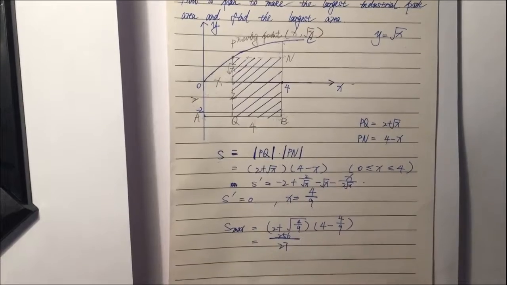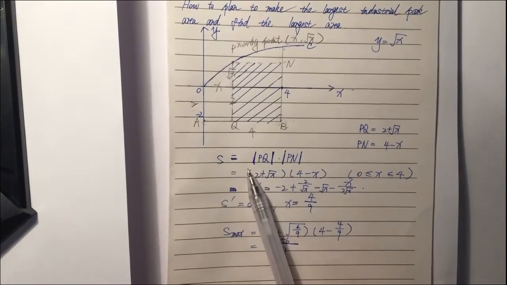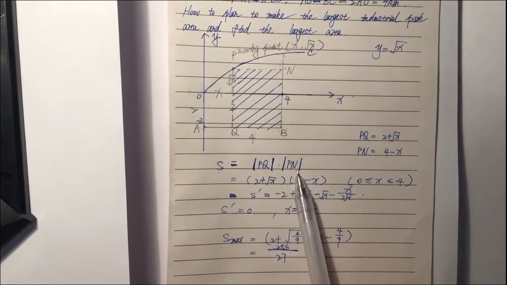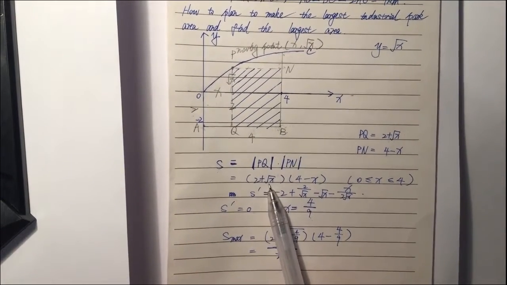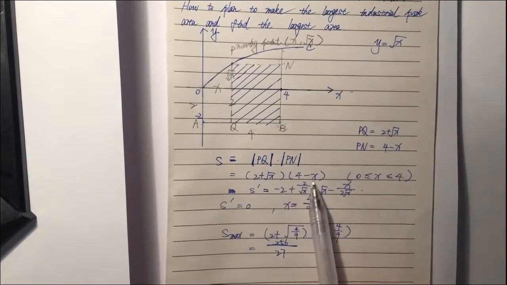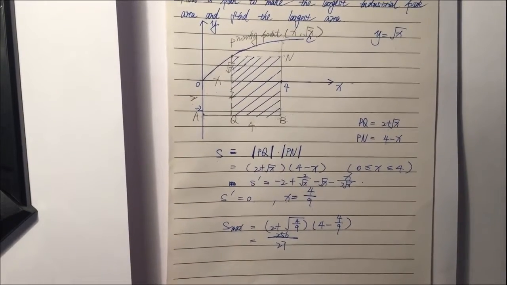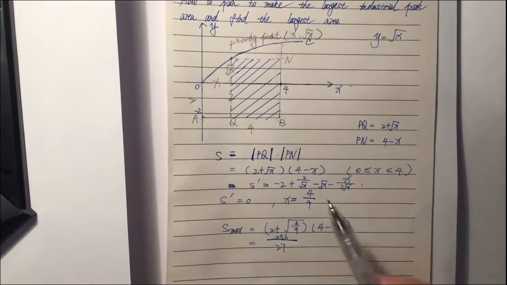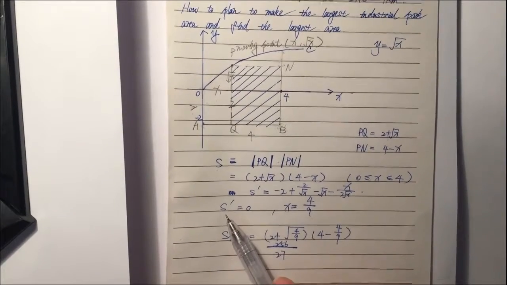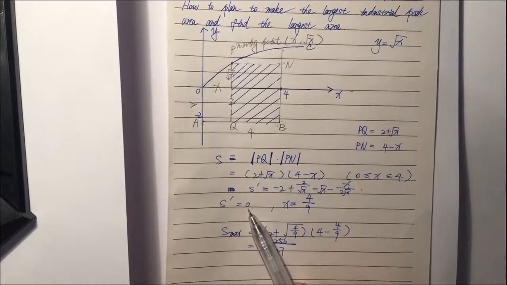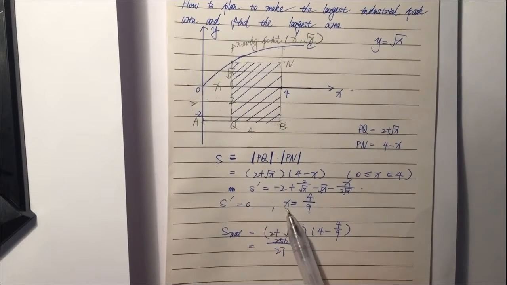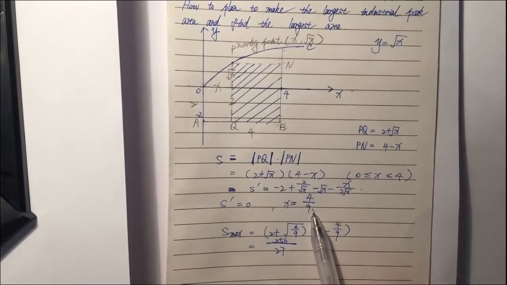First, the area equals PQ multiplied by PN, which equals 2 plus root x multiplied by 4 minus x. When the derivative of S equals 0, we get x equal to 4 divided by 9.